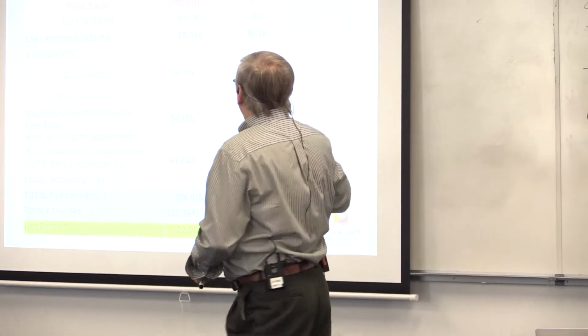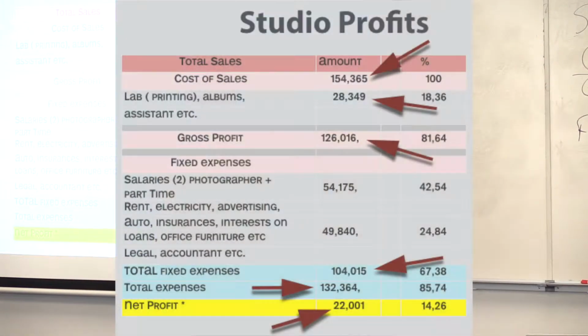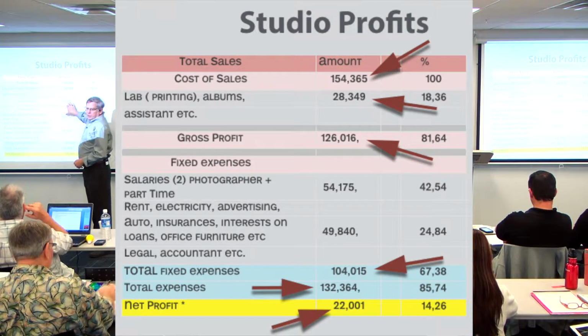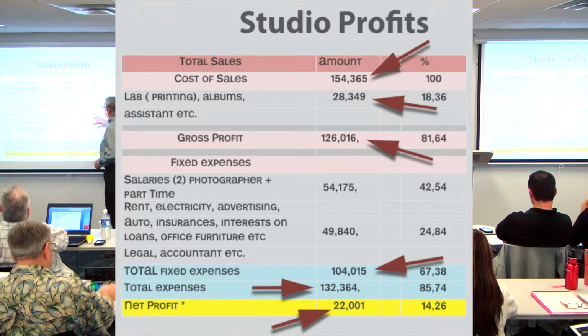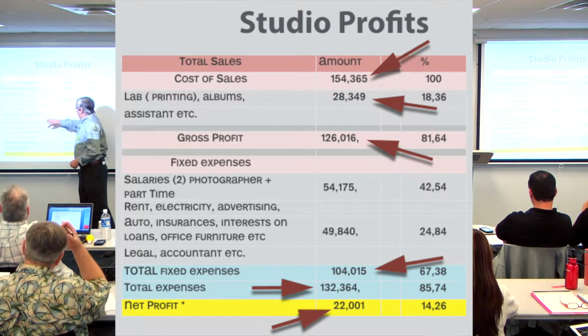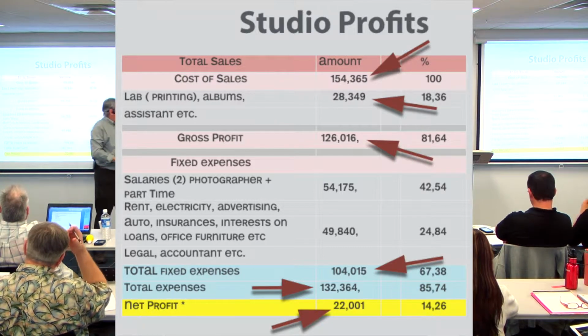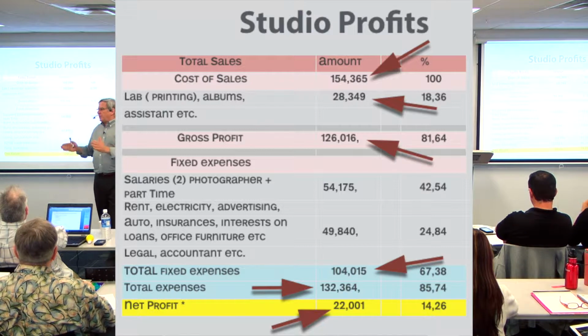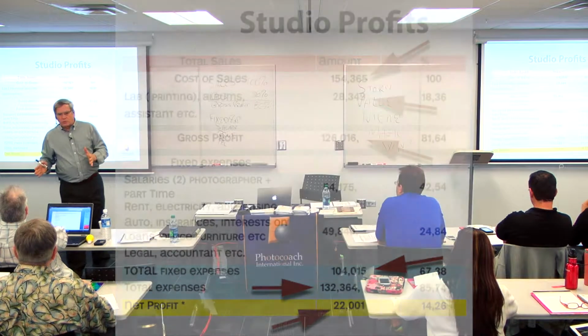We'll look at this here, 154,000, $28,000, which would be 18.36% in lab fees, albums, frames, and whatever. Gross profit margin 126, 81.64%, which would be a good studio. You're looking at a salary, photographer and a part-time. The salary will always be the highest expense in your studio.